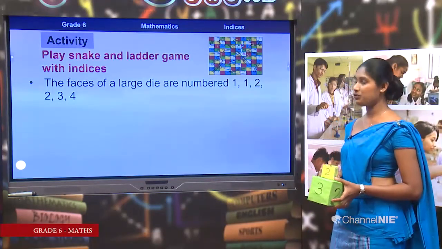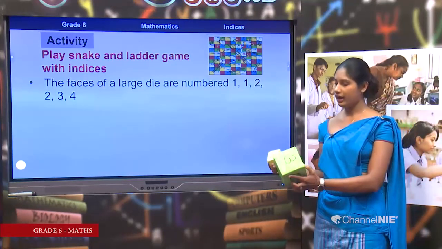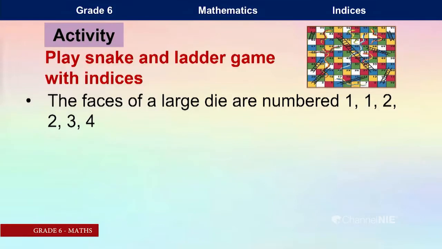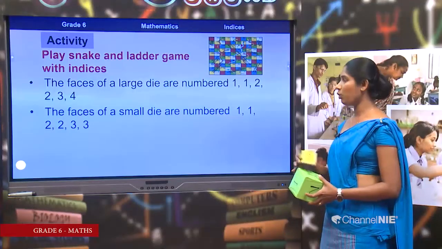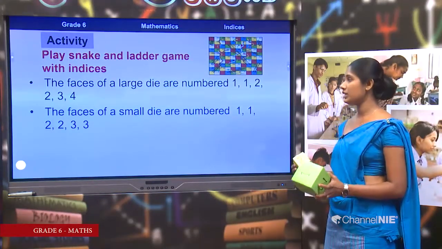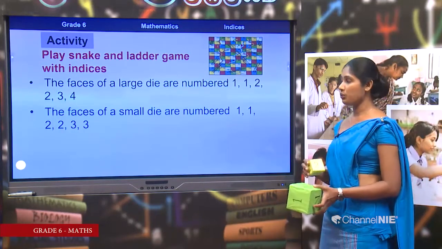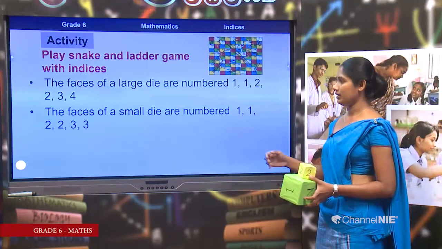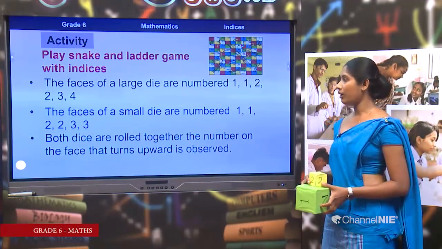The faces of the large die are numbered 1, 1, 2, 2, 3, 4. And the small die is numbered 1, 1, 2, 2, 3, 3. Both dice are rolled together.